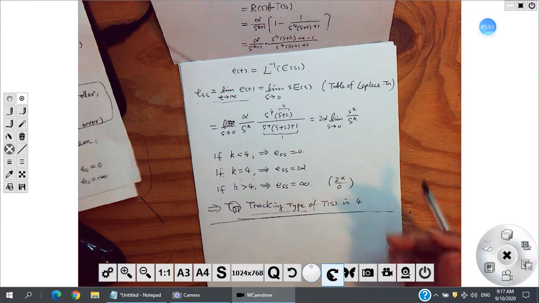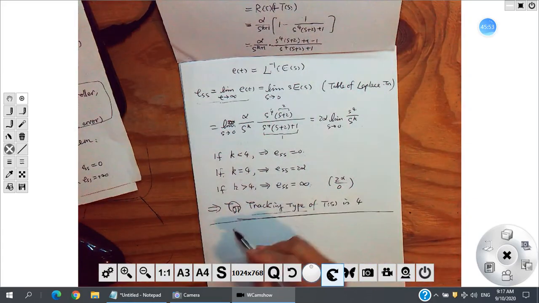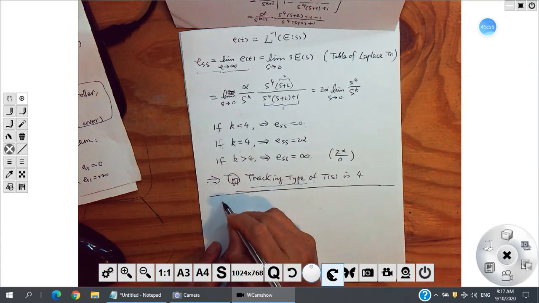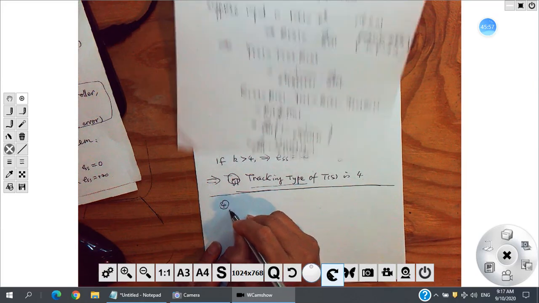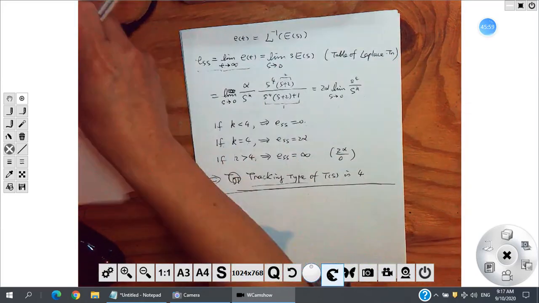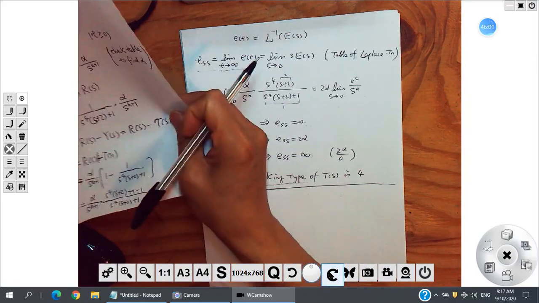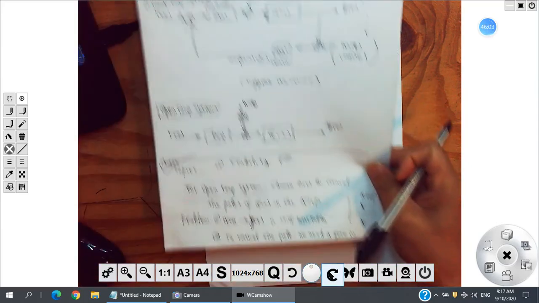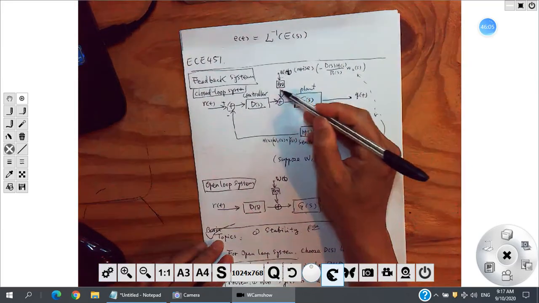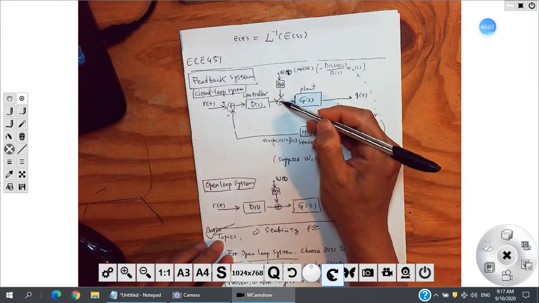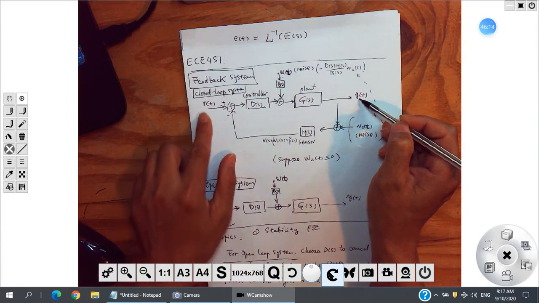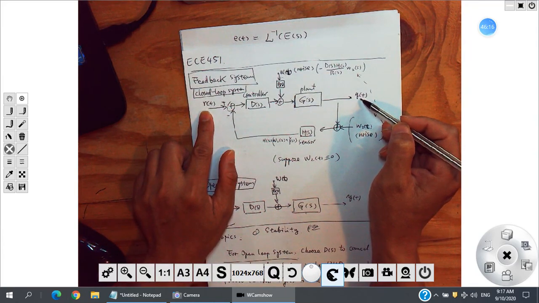The third problem was the tracking problem, and the fourth problem, we have four problems in total, is related to the noise. Here we consider the system with noise. Then this noise will cause some trouble, and maybe the output will not be the output that you want.